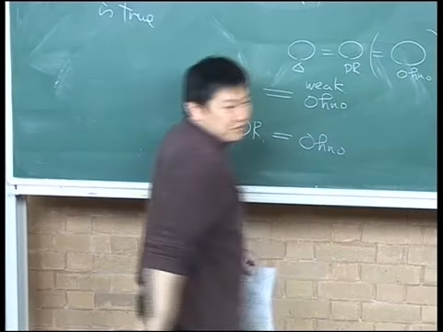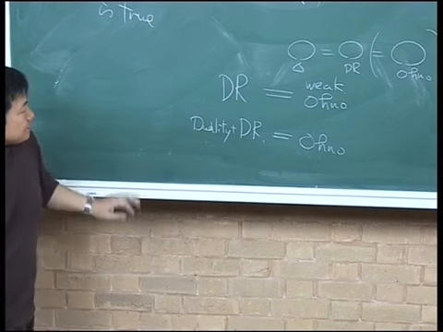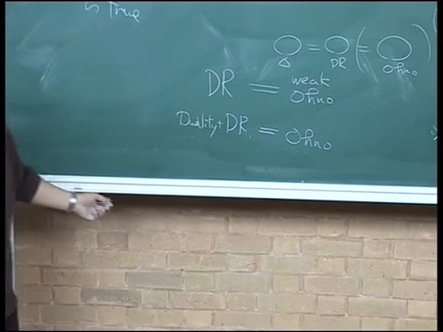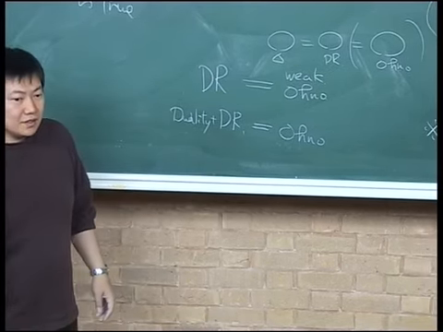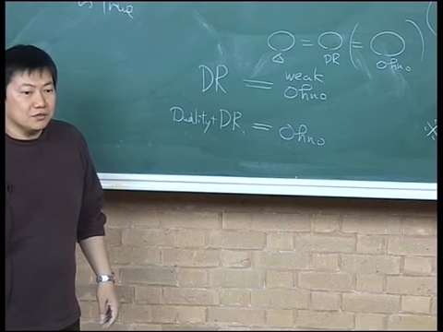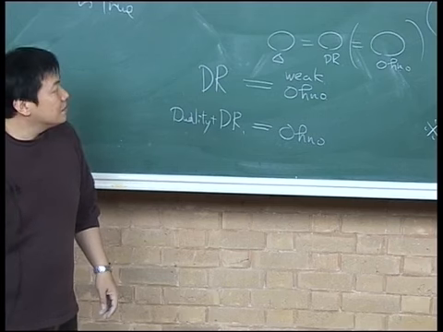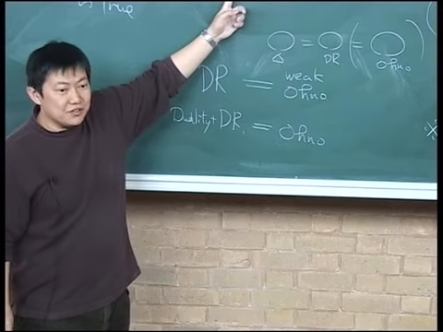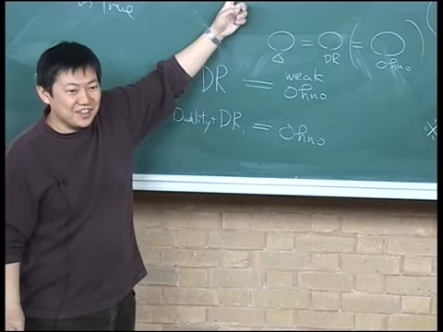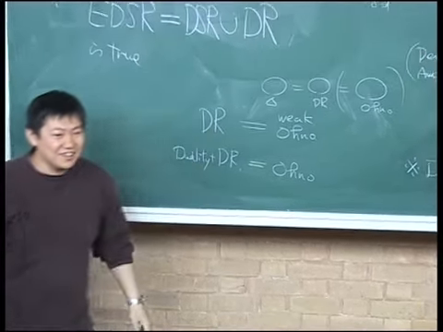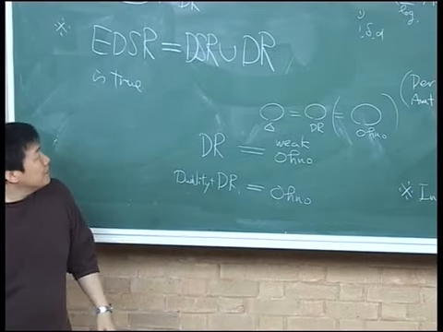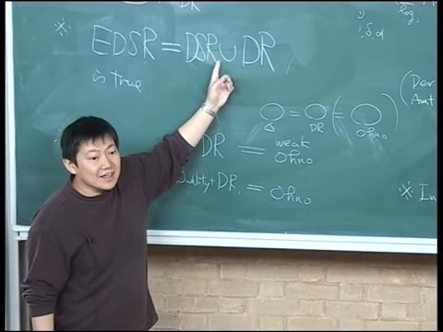Today I didn't mention this part. So EDSR is not equal to DR. Not equal. So this union is also not disjoint. And here is strictly bigger. So you see the gap between EDS and DS.